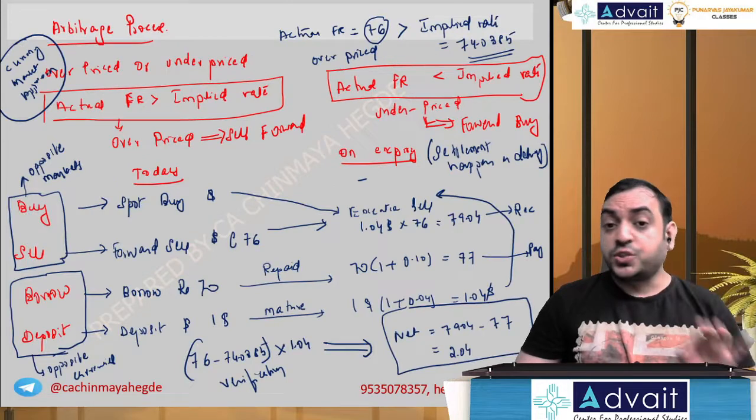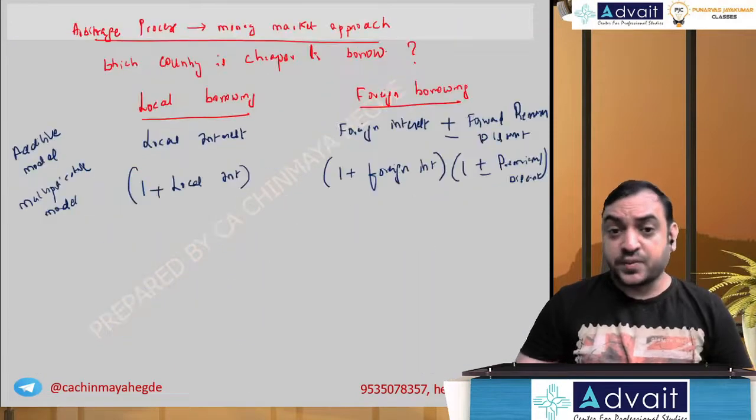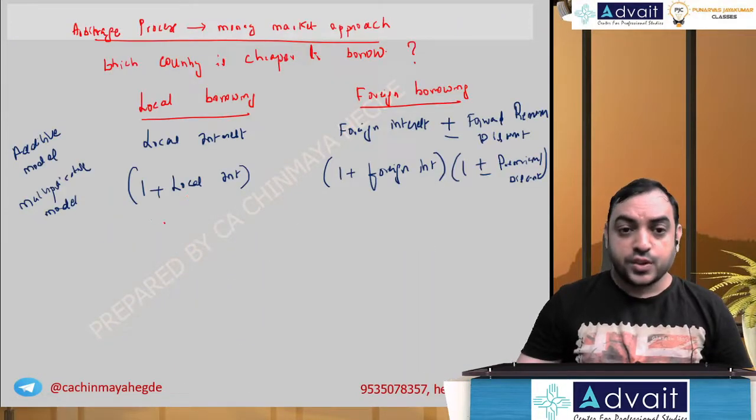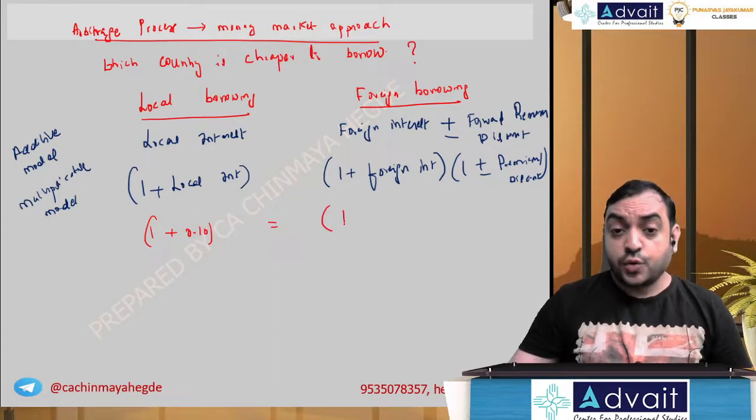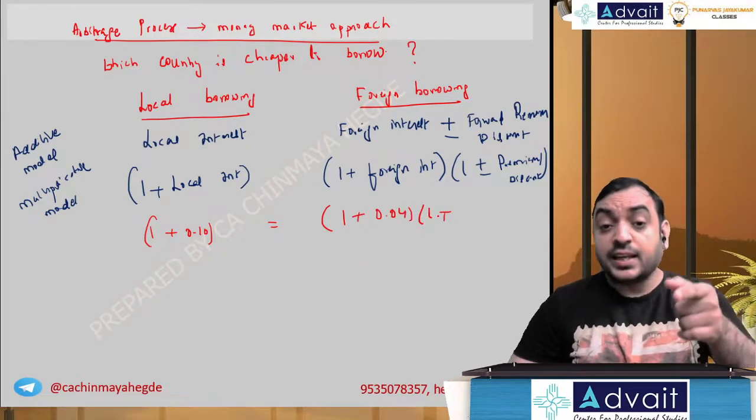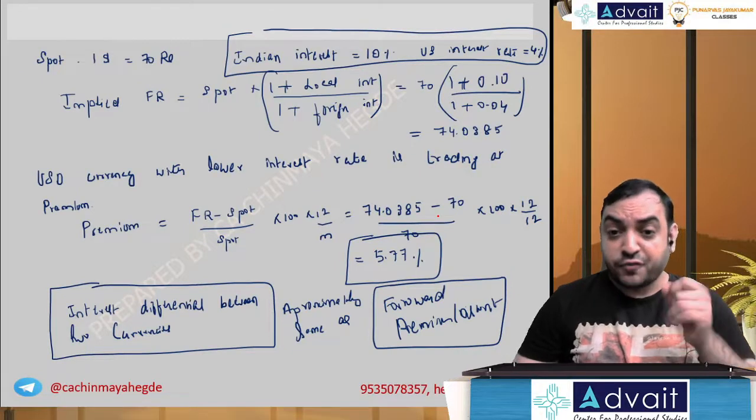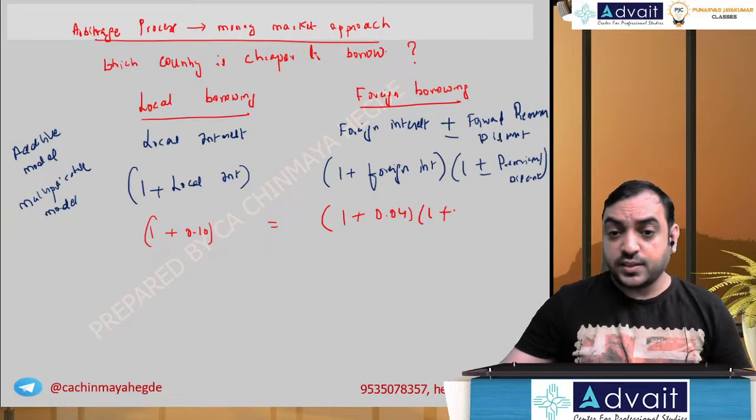So if IRPT holds good, what is local interest? In this case, 10%. So 1 plus 0.10 equals, what is foreign interest? 1 plus 0.04, and the premium we calculated based on implied rate, 5.77%, so 1.0577.